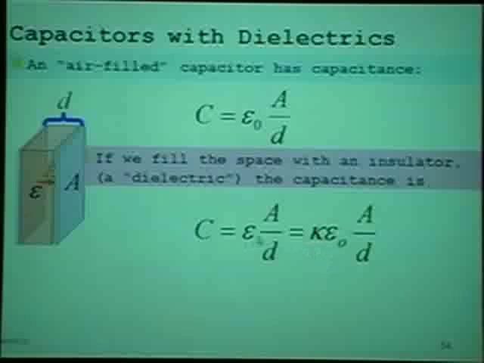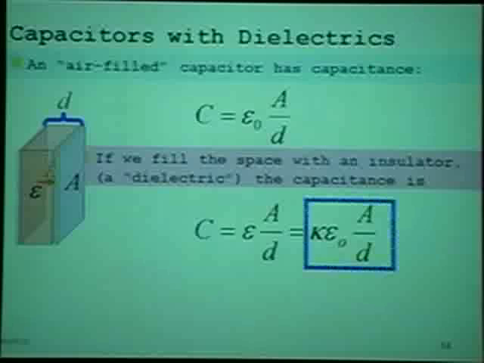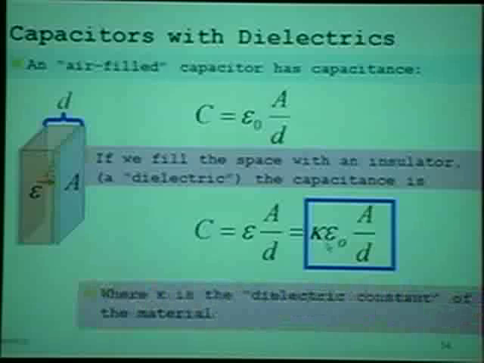So we're going to rewrite this epsilon as some constant, kappa or k if you wish, times epsilon naught, times the area of one plate over the separation distance d. This constant, this kappa or k, is called the dielectric constant of that insulator, of that material.